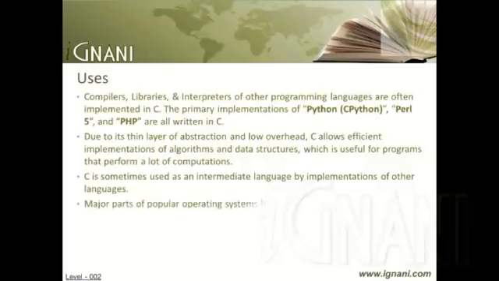Major parts of popular operating systems like Windows, Unix, and Linux are written in C. This is because, even today, when it comes to performance, C beats everything.